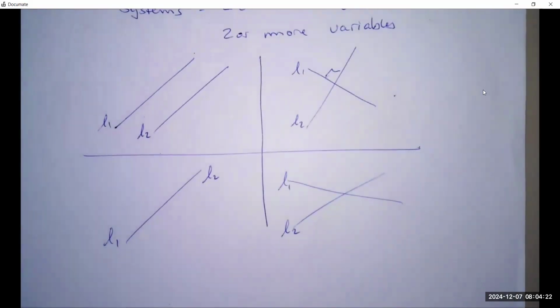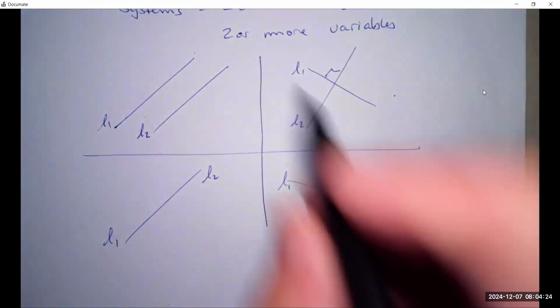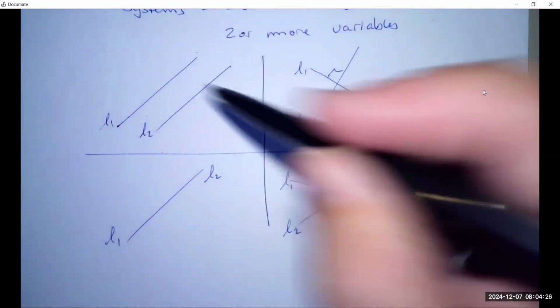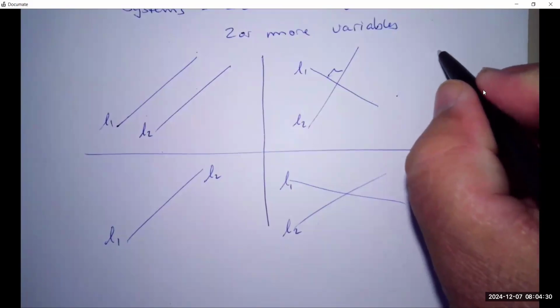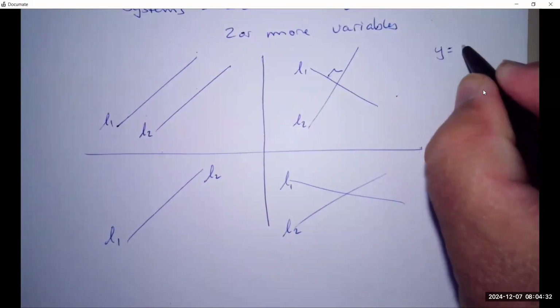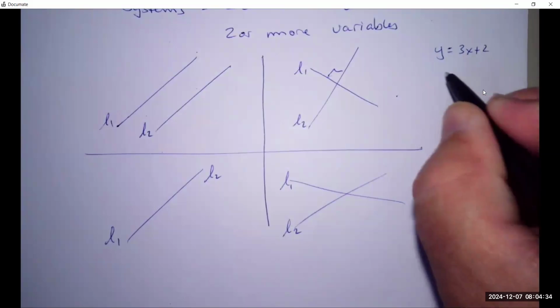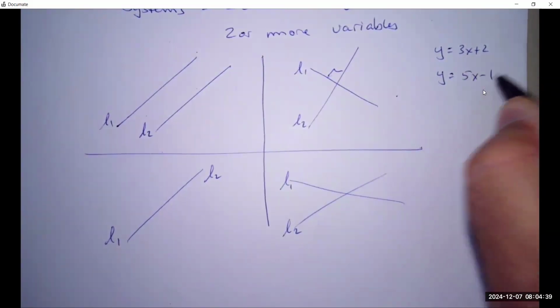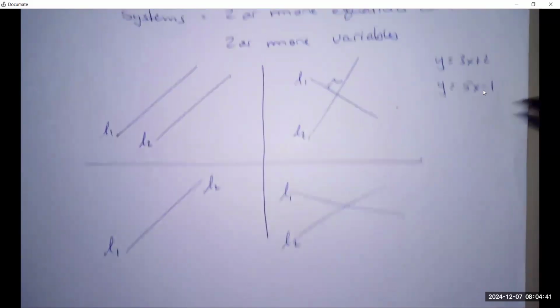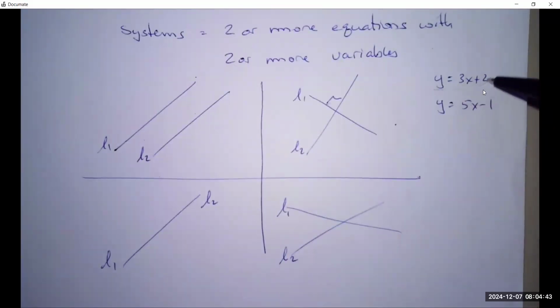These are examples of systems where we have two equations, and each of these has two variables. It looks sort of like this: y equals 3x plus 2, and y equals 5x minus 1. Those are two equations. We have one here, and we have another here. So it's a system of equations.